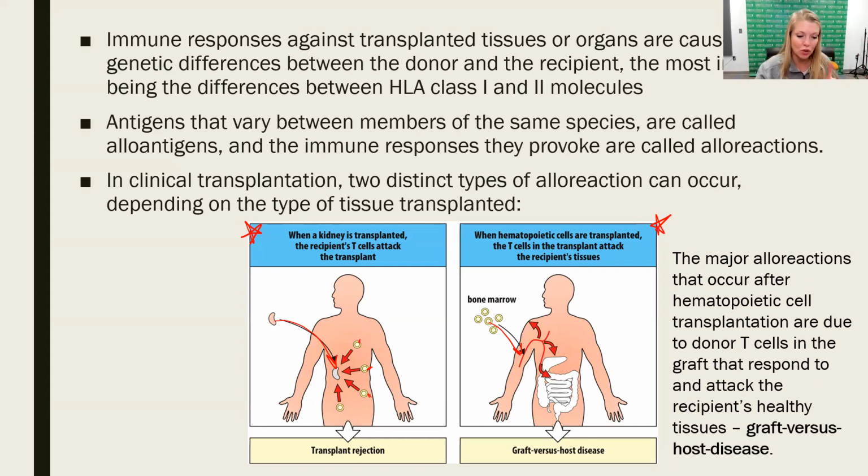And the potential with a bone marrow transplant is then that the donor's now immune system can attack the recipient's. And so we call that graft versus host disease. We'll look at that in more depth in the second lecture for this chapter. But those are the two major types of alloreactions.